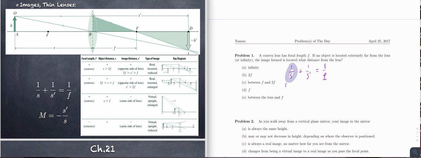So you're looking at s goes to infinity, and let's rewrite that as the limit as s goes to infinity of 1 over s, and that should give us 0, essentially. Why is that 0?